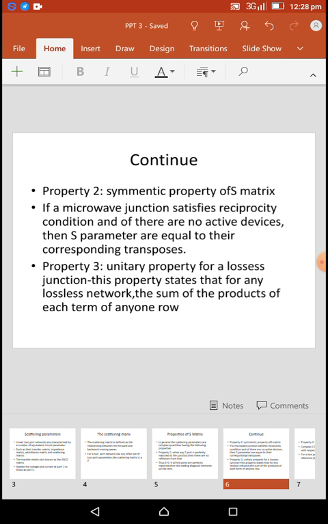Next, property 3, which is the unitary property, for a lossless junction.